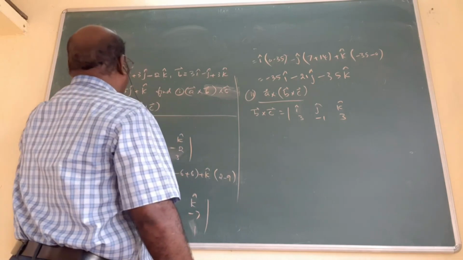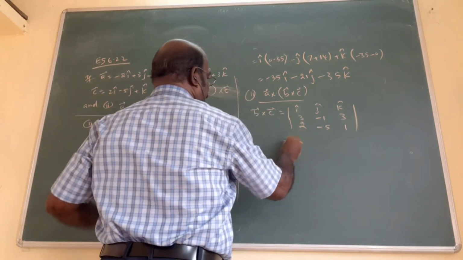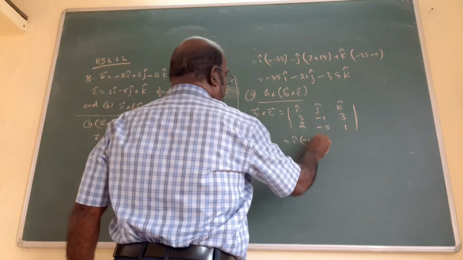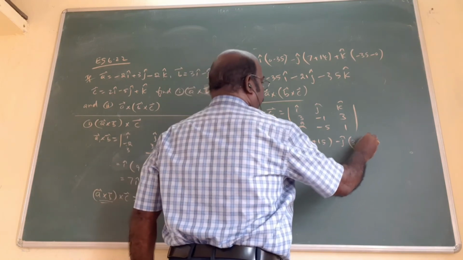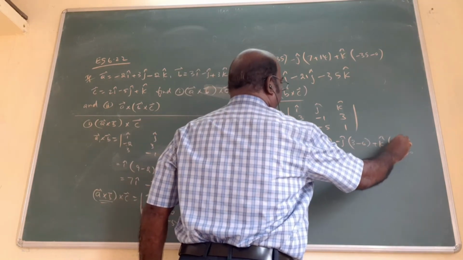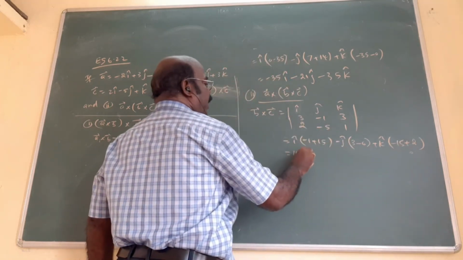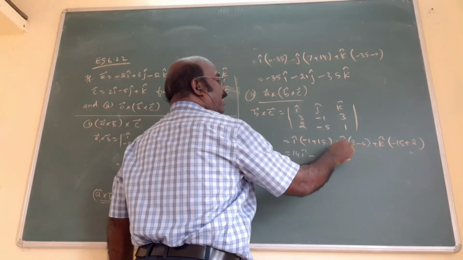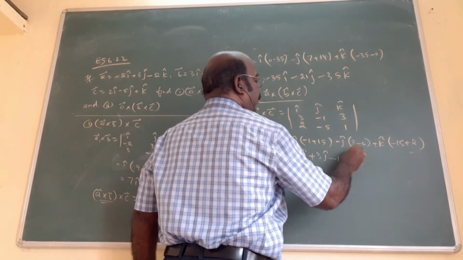Then C vector again: 2, minus 5, 1. Next, i cap into minus 1 plus 15, j cap into 3 minus 6, k cap into minus 15 plus 2. Now 14 i cap, minus 3, plus 3 j cap, minus 13 k.